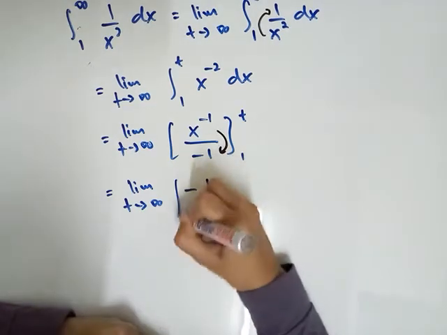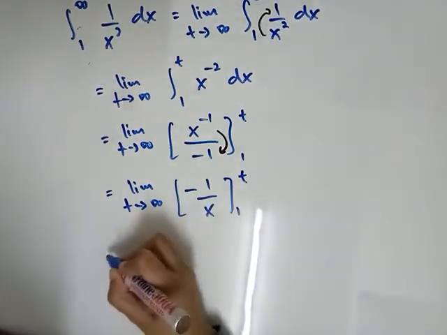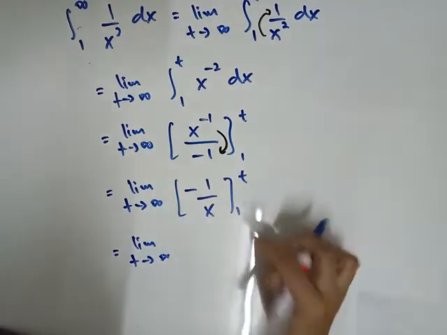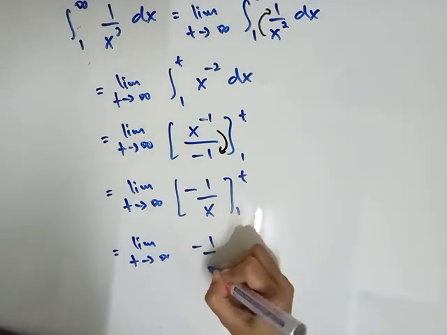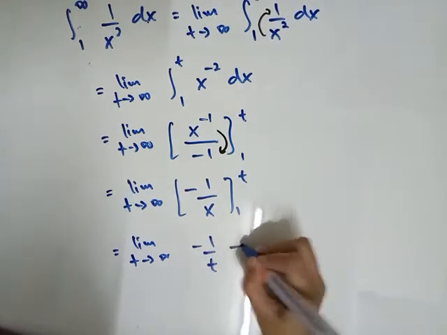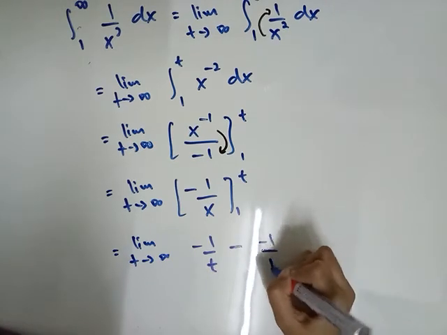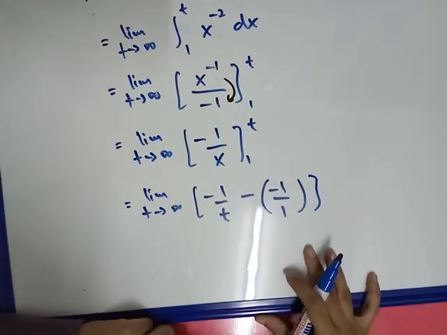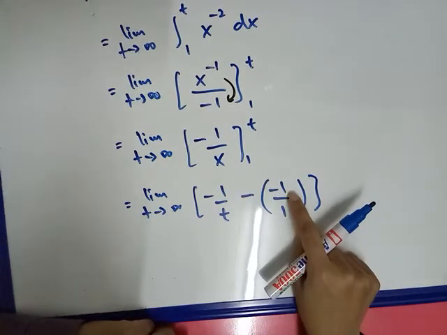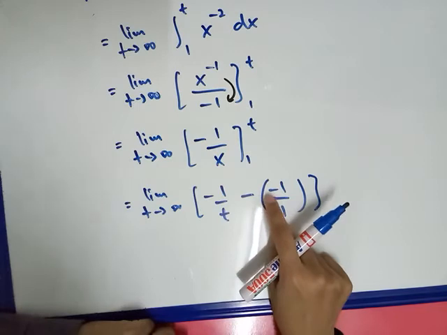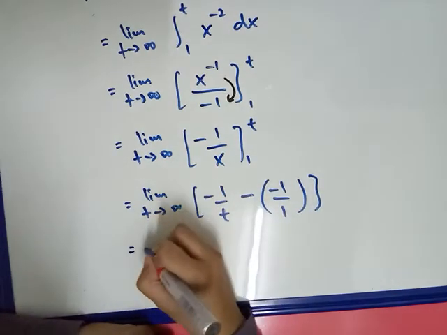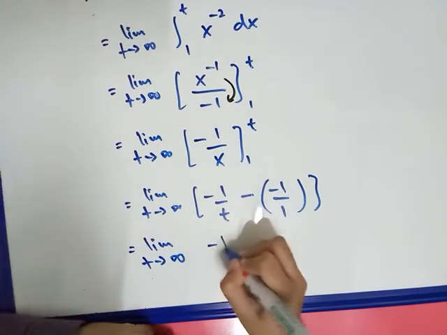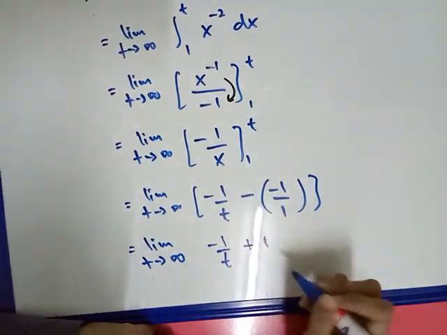And then substitute t into x: negative 1 over t minus negative 1 over 1. Negative times negative is positive, so it is negative 1 over t plus 1.